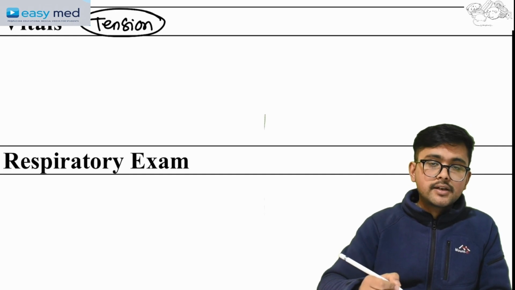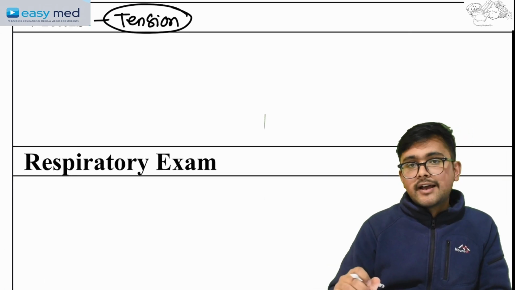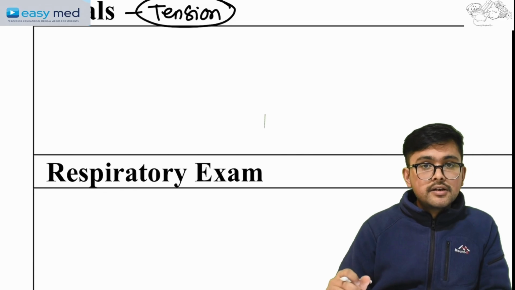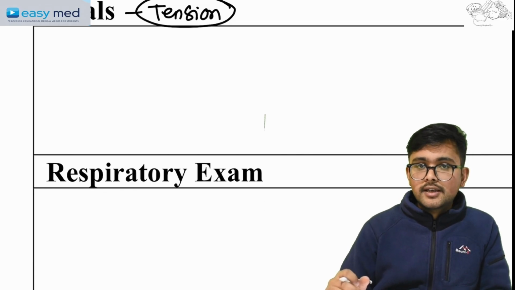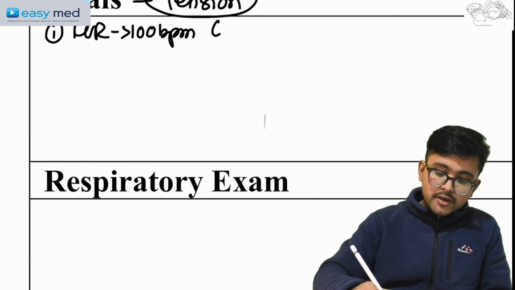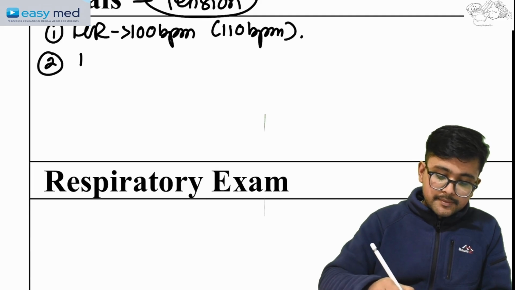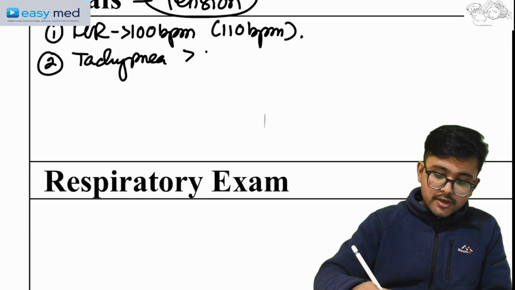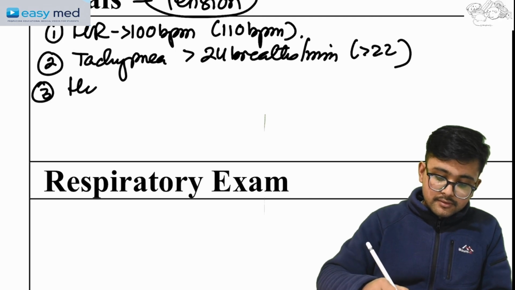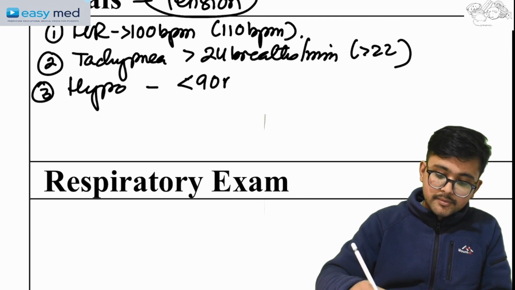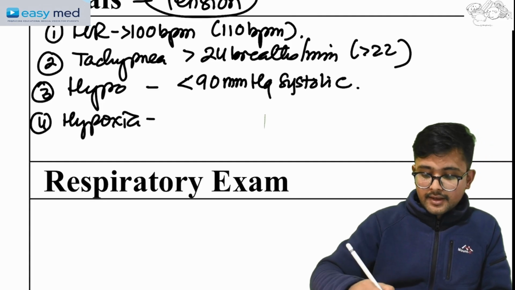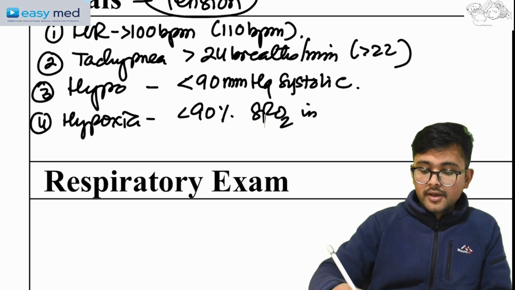Some people might ask you the vital signs criteria of tension pneumothorax, although it has not been validated in any of the studies, but it is a good thing to keep in mind so that it can increase your index of suspicion while evaluating a case of pneumothorax: tachycardia, more than 100 beats per minute, somewhere it's written 110 beats per minute; tachypnea, more than 24 breaths per minute, somewhere it's 22; hypotension, everywhere it's written less than 90 millimeters of mercury systolic; and hypoxia, less than 90% saturation in room air.